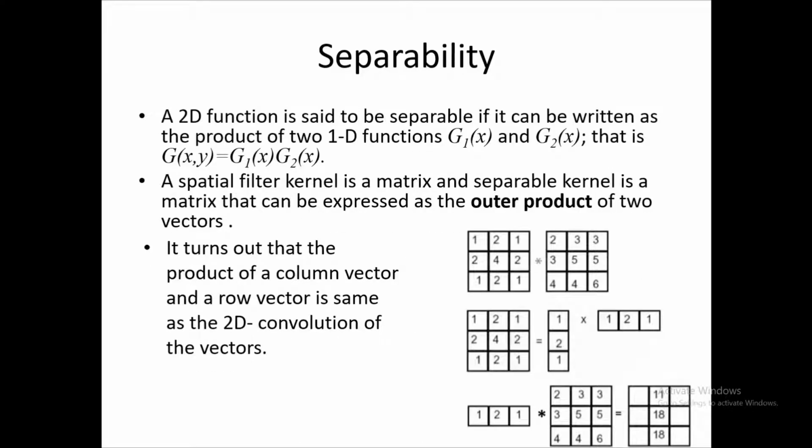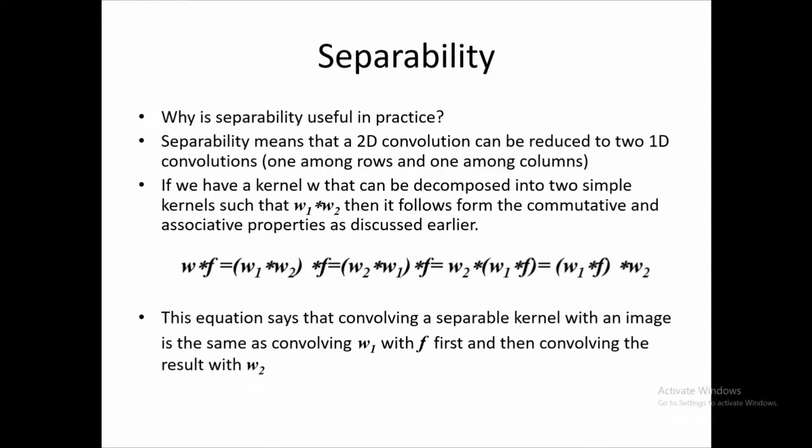So why is separability useful in practice? Actually, separability means that 2D convolution can be reduced to two 1D convolutions, one along rows and one along columns. We have seen this just before.